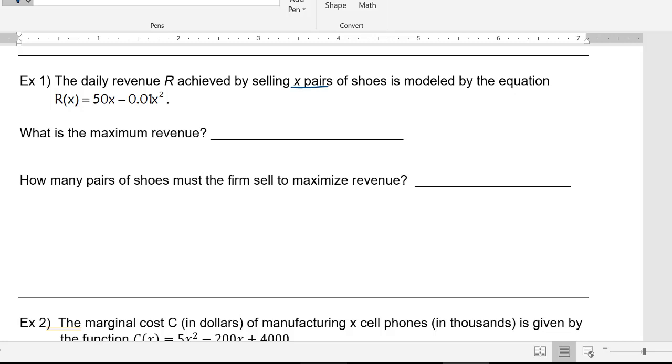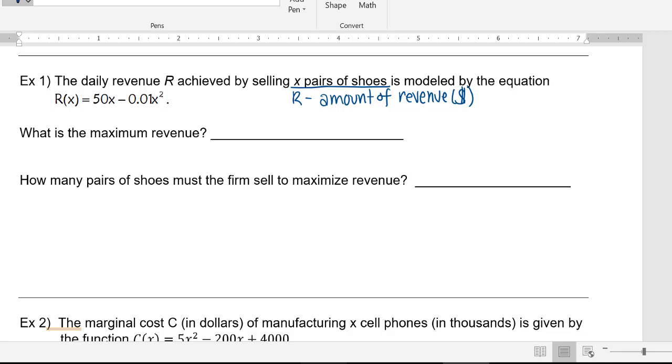So we know x is our number of pairs of shoes, and R, or our y value, is our amount of revenue measured in money, dollars and cents. All right, so we want to figure out the maximum revenue.